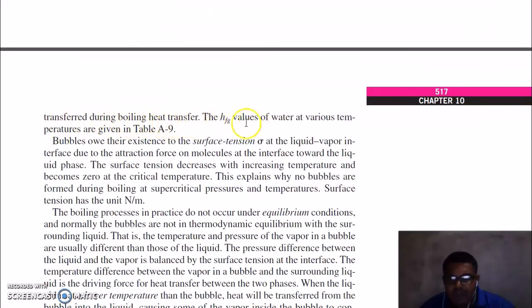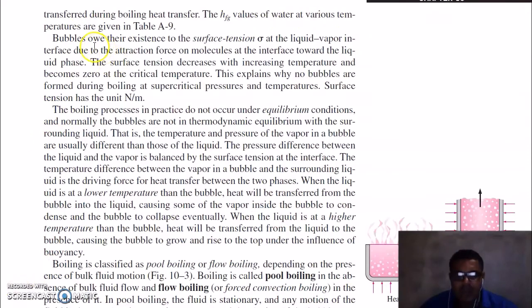The h_fg values of water at various temperatures are given. Bubbles are due to the surface tension at the liquid-vapor interface, caused by the attraction force on molecules at the interface toward the liquid phase. At critical pressure, the surface tension decreases and becomes zero. That's why no bubbles are formed during boiling at supercritical pressure and temperature.